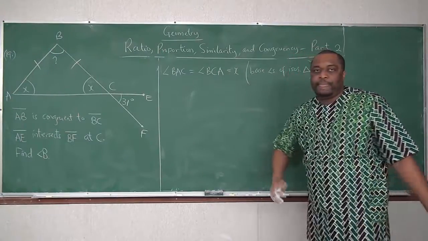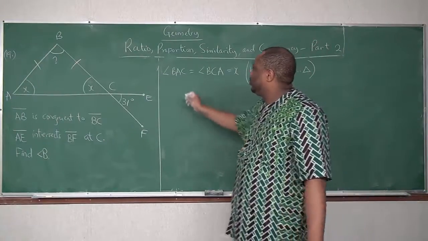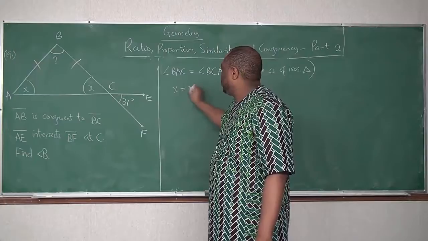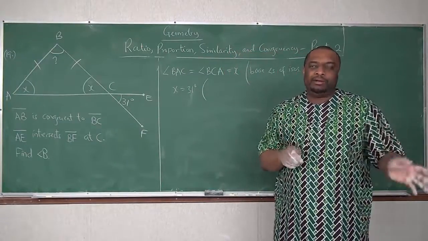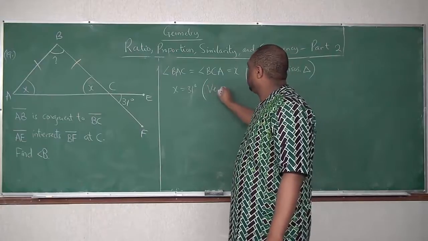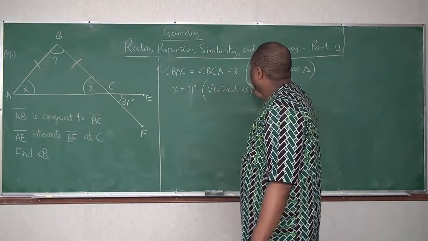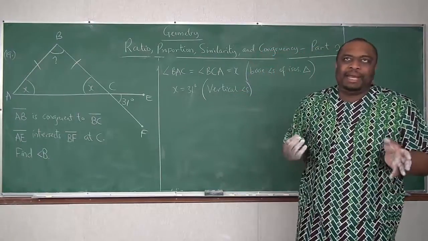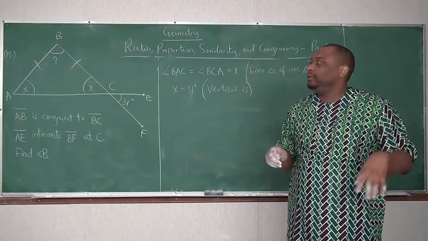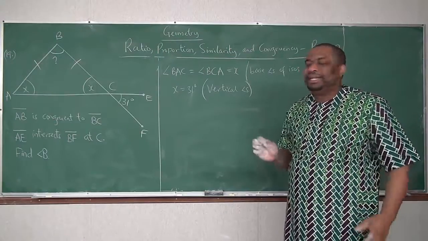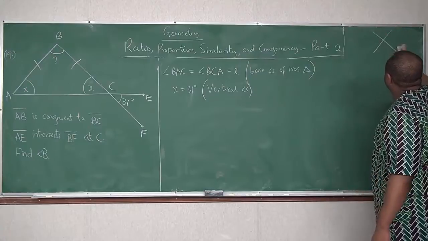Okay. Now, our X is equal to 31 degrees. You know that, right? This is your vertical angles. Vertical angles, informally, I call it X angles.